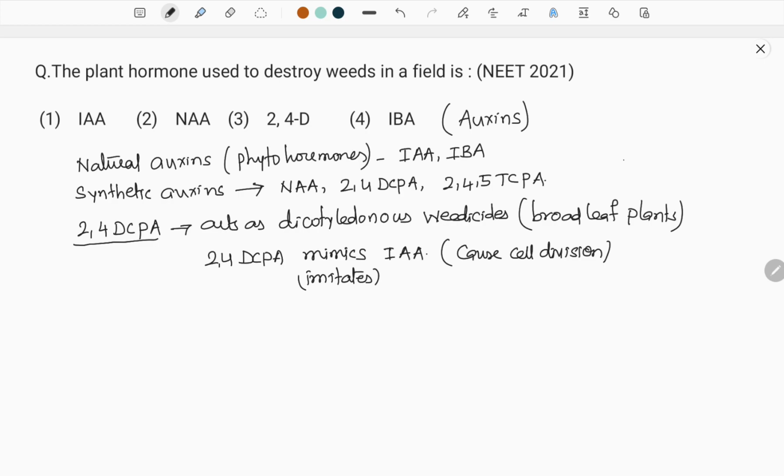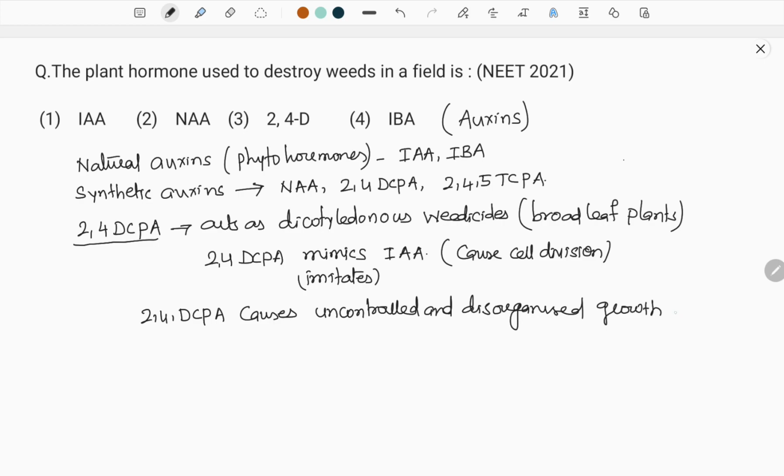So how does it cause cell division? 2,4-D causes cell division not like normal indole acetic acid, but it causes uncontrolled and disorganized growth in plants. Hope you have understood.